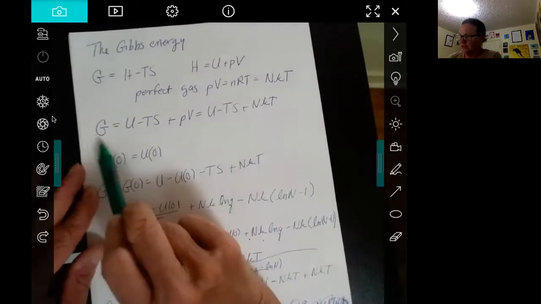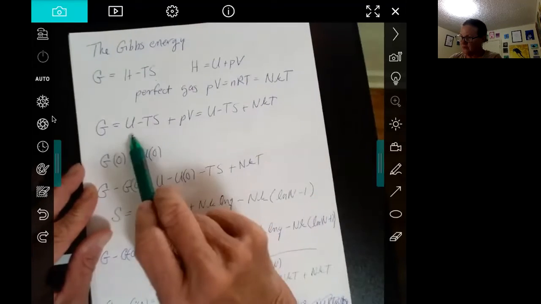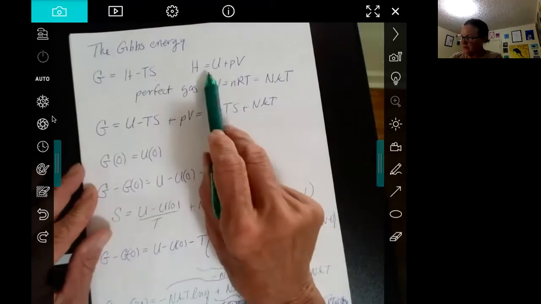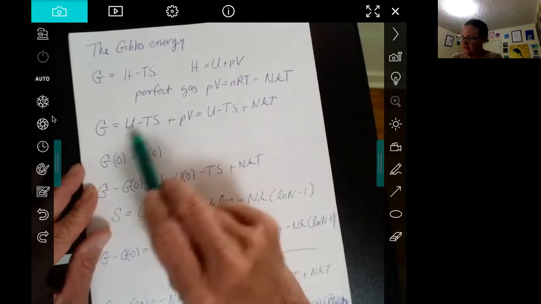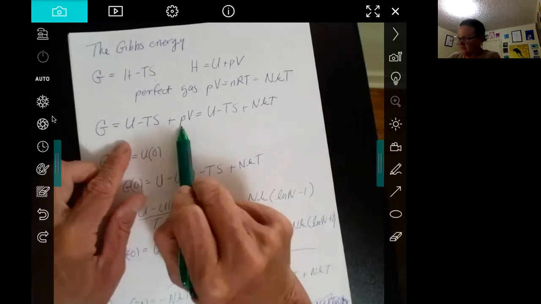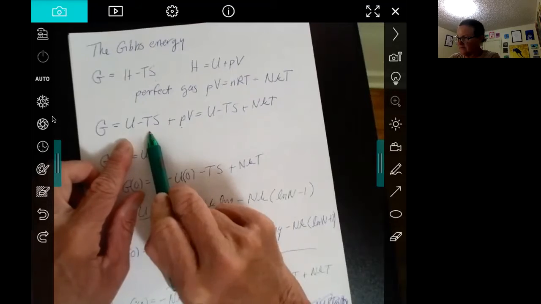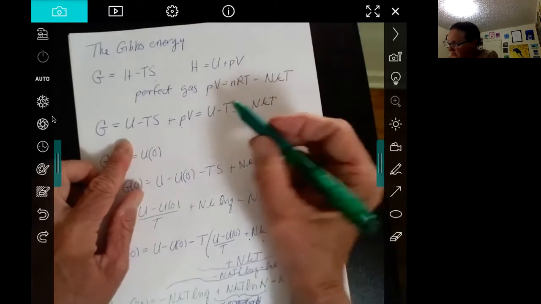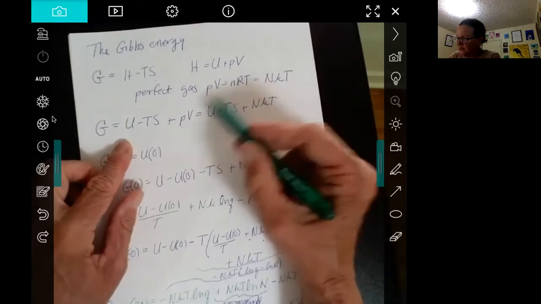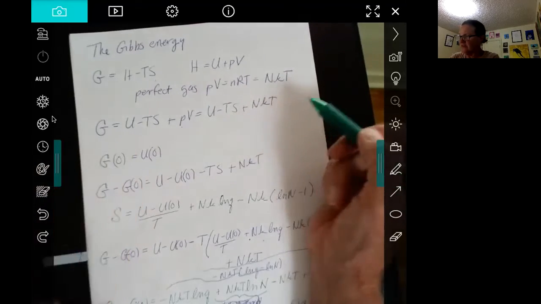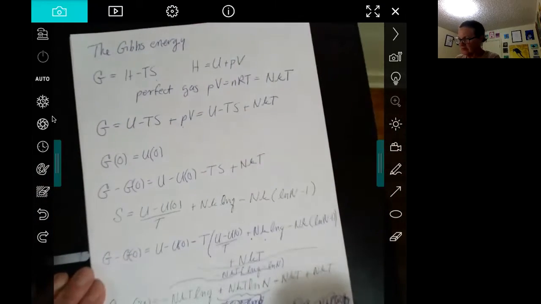And so G would be H, which is U plus PV, minus TS. So H is U plus PV, then minus TS. And so it's U minus TS plus NkT, because we're replacing the PV with NkT. So we're just taking this into account.